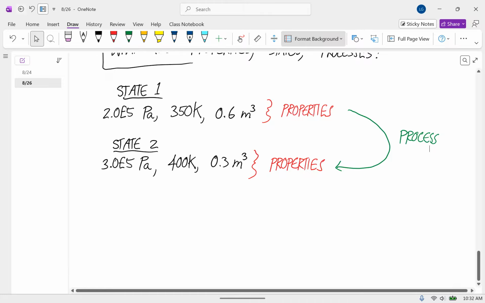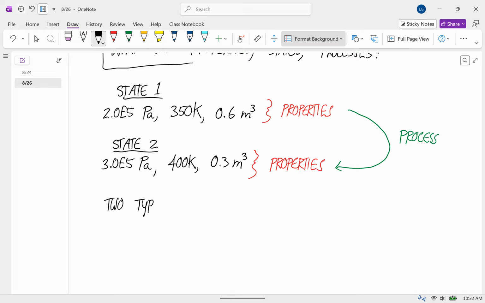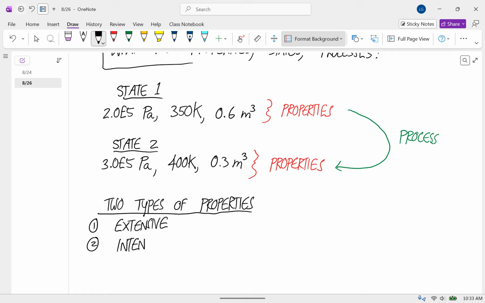There are two types of properties. And they're called extensive and intensive. Laws of physics usually deal with these extensive properties.